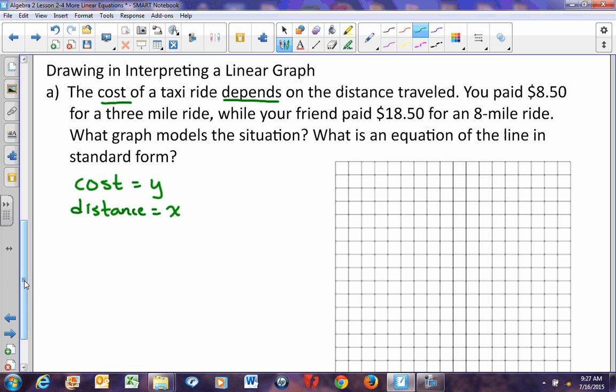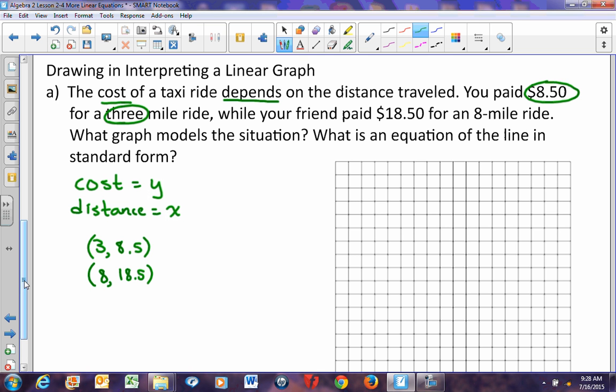If cost is y and distance is x, 3 is my distance, that's my x-coordinate. 8.50 was my cost, so that's my y-coordinate. There's one point. My second point: 8 was my distance, and my cost was 18.50. So there's my second point. I now have two points. I can find the slope, and I can write an equation.